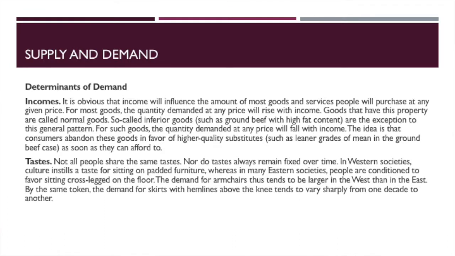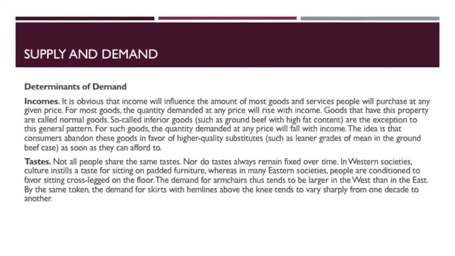So let's begin with just a little discussion of the determinants of supply and demand. For you economists out there, this will be old hat. Anybody that's taken Econ 101 won't find this particularly sophisticated, but just as a reminder for all of us, especially in politics, that there are things that change the supply and change the demand for certain kinds of products.